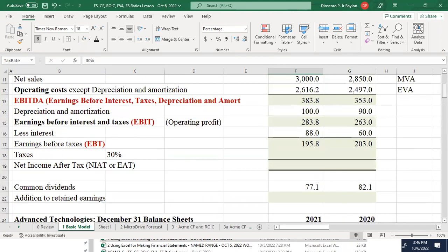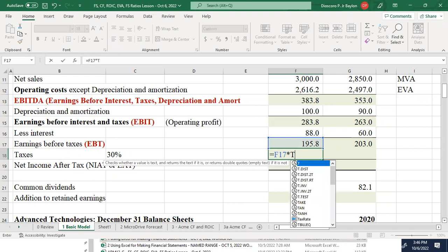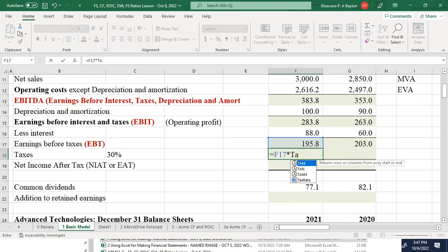All right. So for example, for this one, the tax will be based on the taxable earnings multiplied by the tax rate. So what I can do is, this is the earnings before tax multiplied by, and again I click TA.